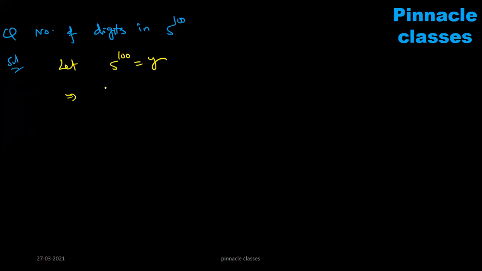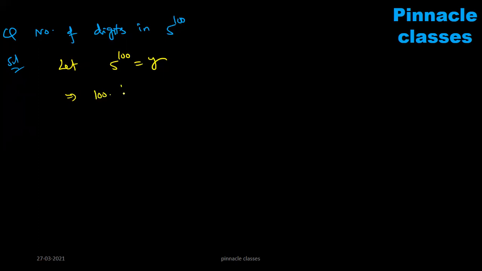Another question is the number of digits in 5 power 100. What is the procedure? Tell me. Let 5 power 100 be equal to y. Take log on both sides to the base 10.